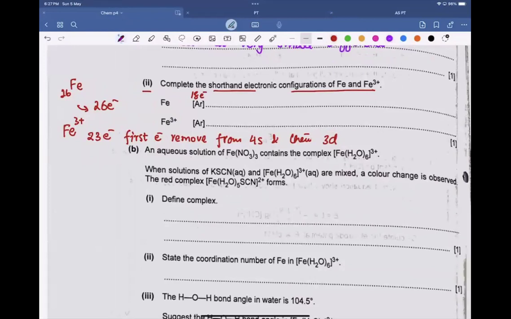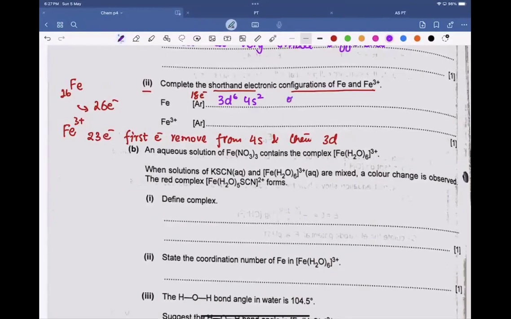So how many are left? 8 electrons are left. In 4s, we get 2 electrons. Now how many electrons are left? 6 electrons are left, so we fill those 6 electrons in 3d.